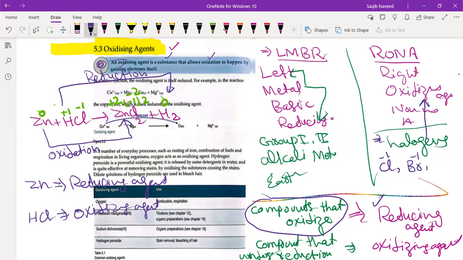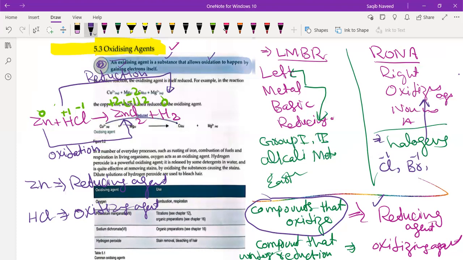So repeat with me, beta. Which process are halogens undergoing? Oxidation or reduction? Reduction. And which type of agent will halogens be called? Oxidation. No, not oxidation. Oxidizing agent. There is a big difference between oxidation and oxidizing agent.